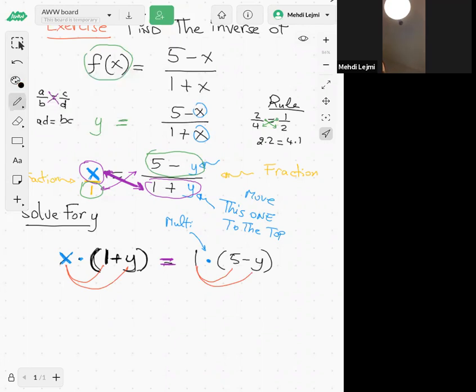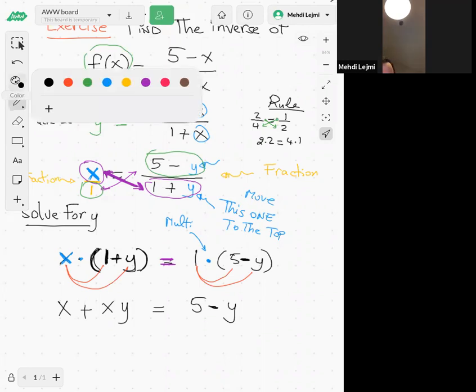So this is x times 1, that's x, plus x times y, that's xy. And on the right side, I have 5 times 1, minus 1 times y, of course, it's just y.